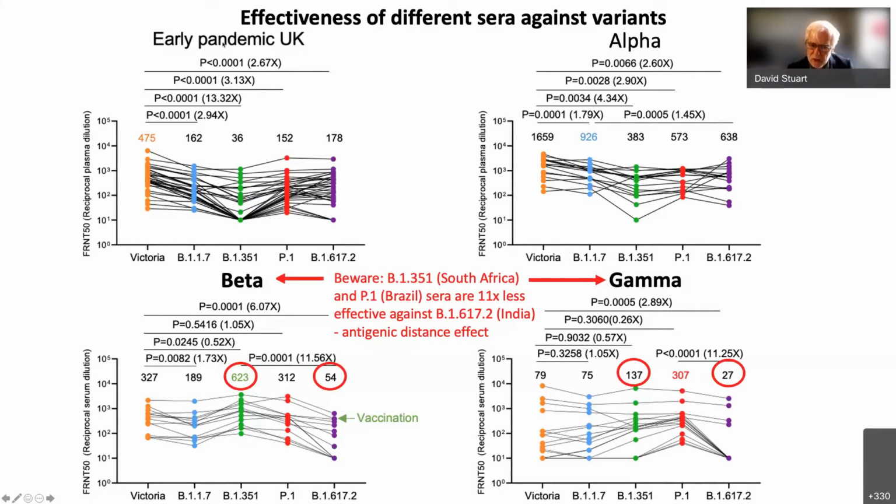So these sera are from people that were infected with early pandemic virus, and we can see these people are able to best neutralize the early pandemic virus. The worst is the beta variant, which is more than a factor of 10 worse, a factor of 13 worse. So there's a big damaging effect with the beta variant, and a relatively modest twofold effect of Delta.